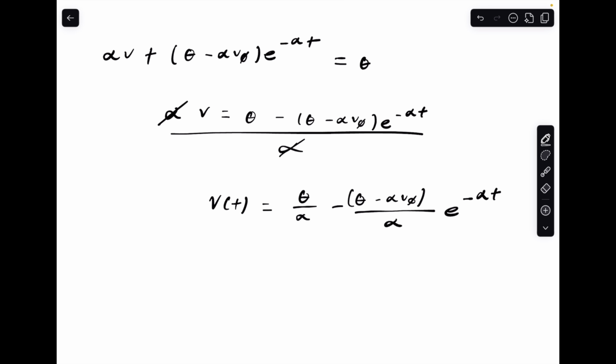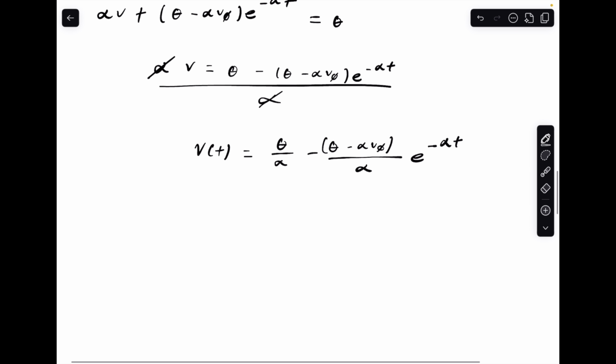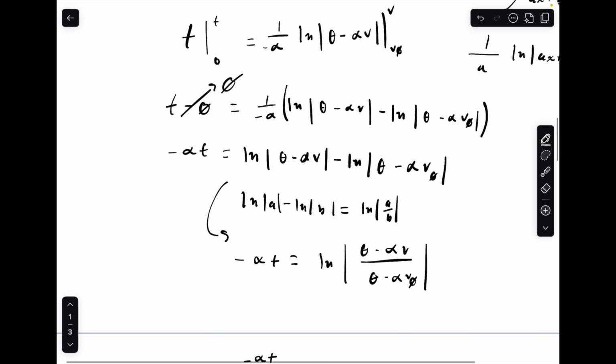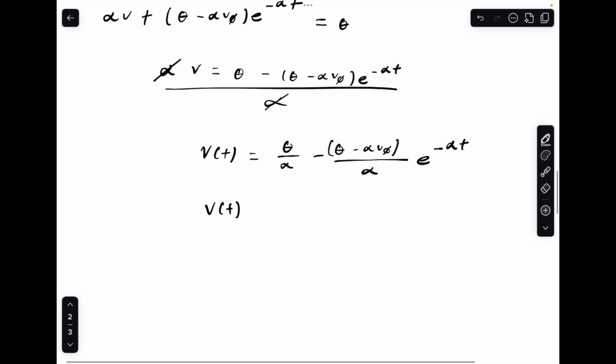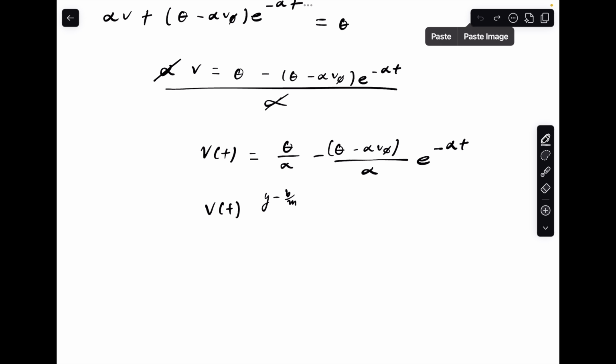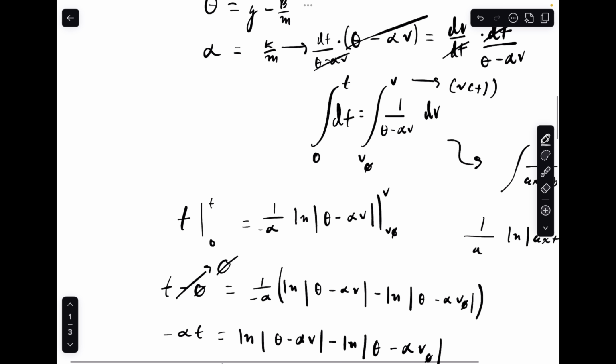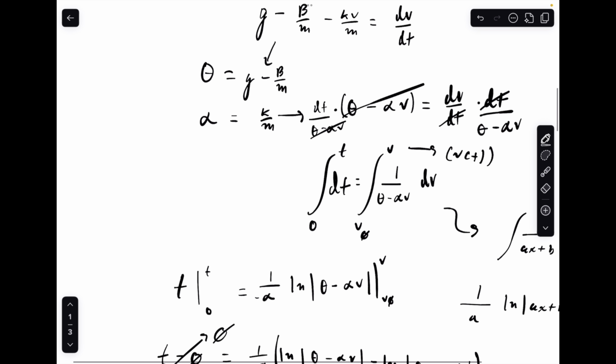And now we can sub back in those original values. So v of t, if I remember correctly, theta was, what was it? g minus b over m. So it's going to be v of t equals g minus b over m divided by, what was it, k over m?